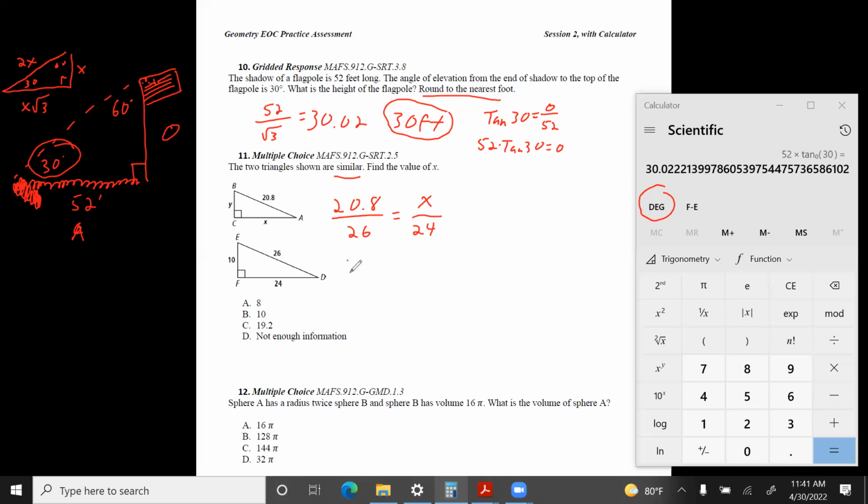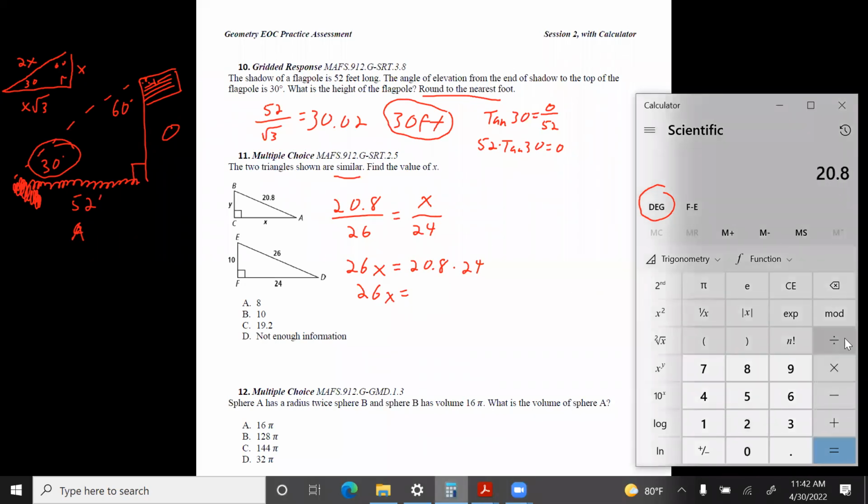We cross multiply. So we have 26 times x is equal to 20.8 times 24. Again, we have a calculator, so we're going to plug that in to see what it gives us. So on our calculator, we have 20.8 times 24, which gives us 499.2.